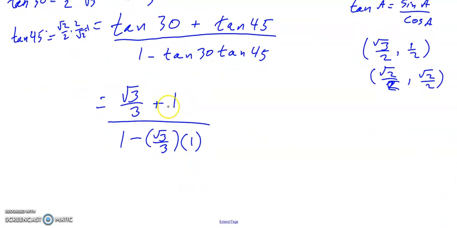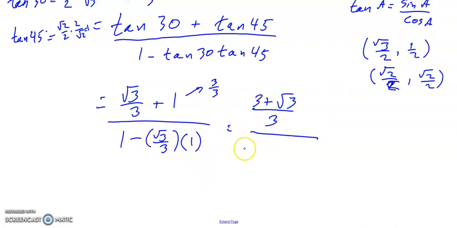So if we do common denominators here on the top, I want to write one fraction on the top. 1 is 3 over 3, so this becomes 3 plus radical 3 over 3, because 1 is 3 over 3, added to the radical 3.